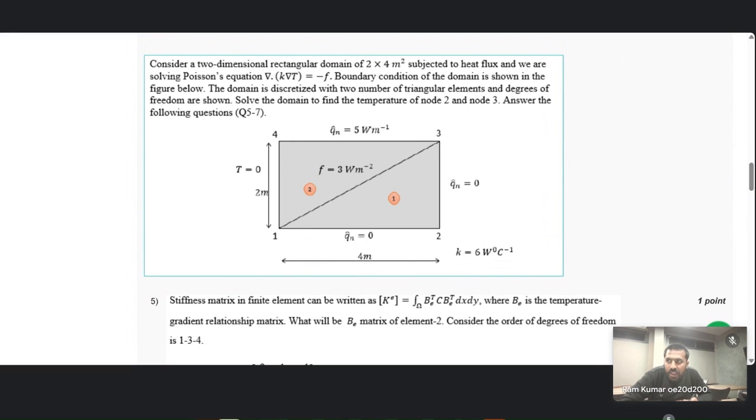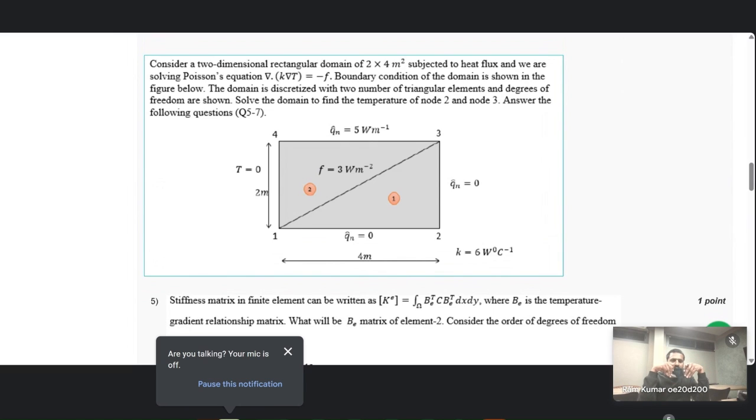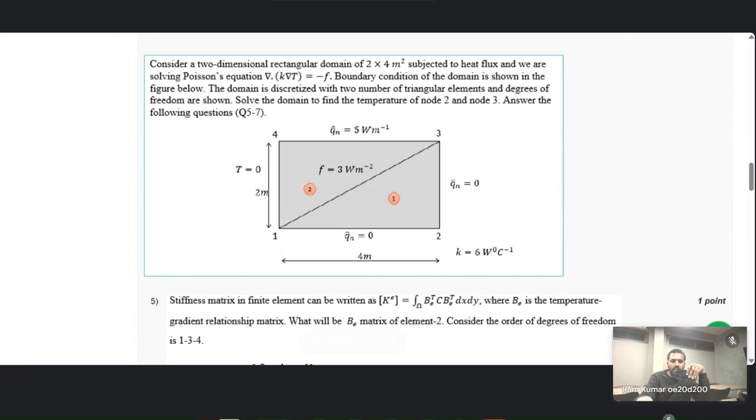Yes, sir, Qn is flux per unit length. And what is F? I will try to explain another way. We have this one body, and it is generating heat. Sir, your screen is not visible. Please share your screen. Okay, I will just speak. You cannot see my face also.